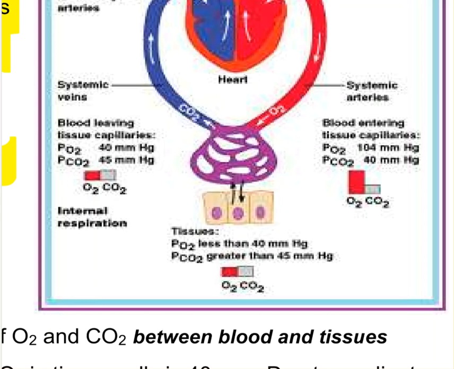So they've been using oxygen up. The oxygen is going away. So they are around 40 or less. So which way does the oxygen want to move? It wants to move from high to low, so out of the capillaries of the blood into the tissues.